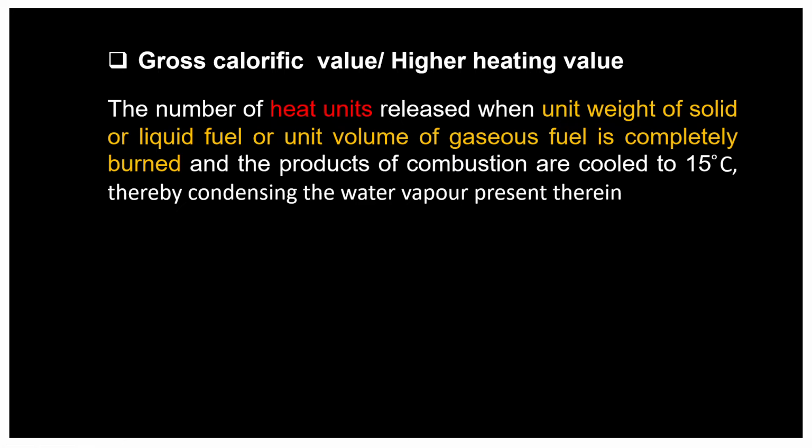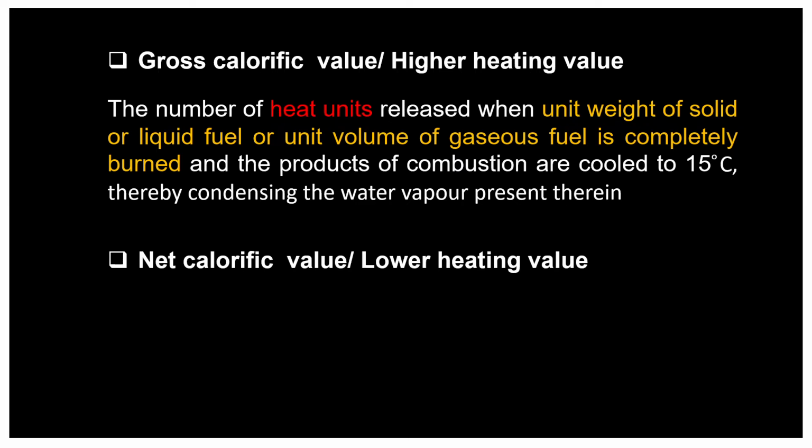So we consider the latent heat of condensation for that 1 gram of water, and we add it to the calorific value, because in our total calorific value, that heat of condensation was utilized for vaporizing the water which is initially in the material. So I hope it is clear.